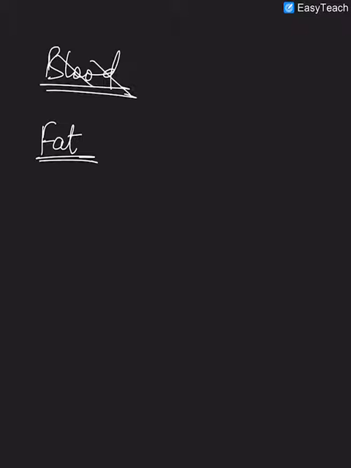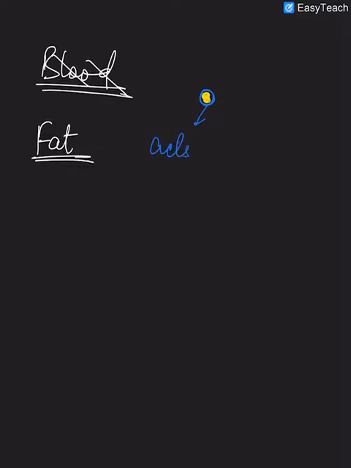So what the body does is, if this is a molecule of fat, let's say, the body covers this particular fat molecule with some protein around it, so that this substance is now easily able to travel in the blood, because it acts like a polar substance.